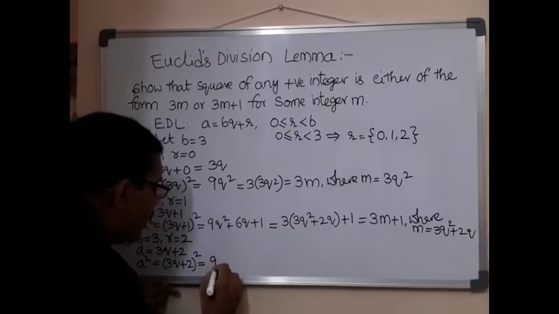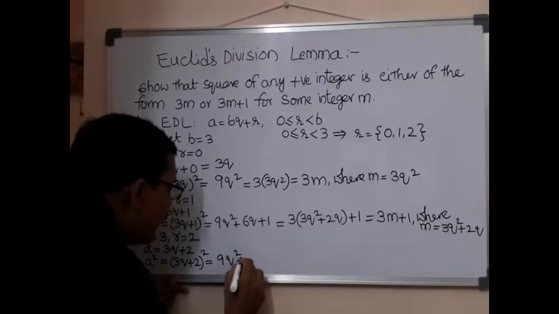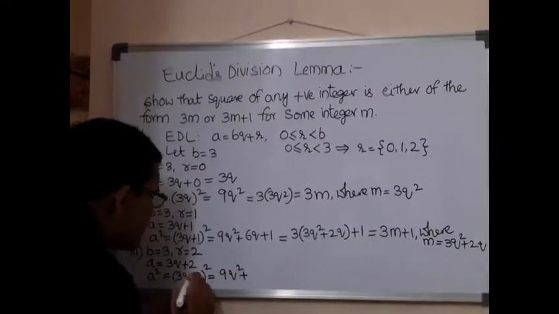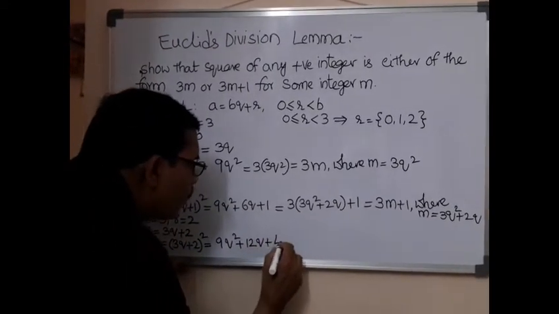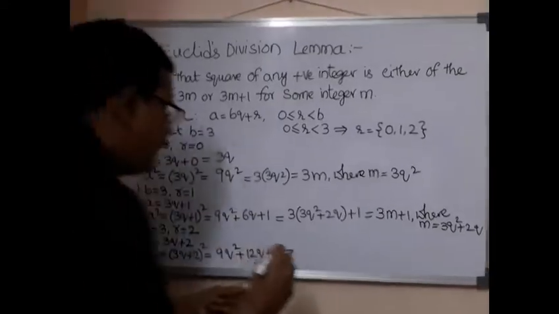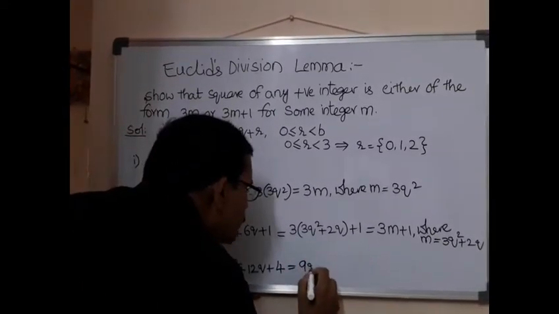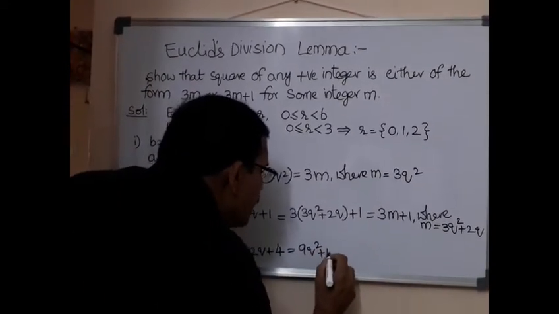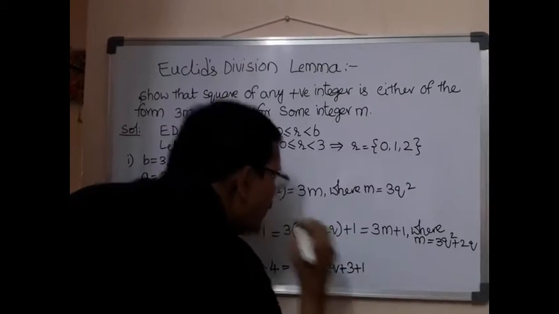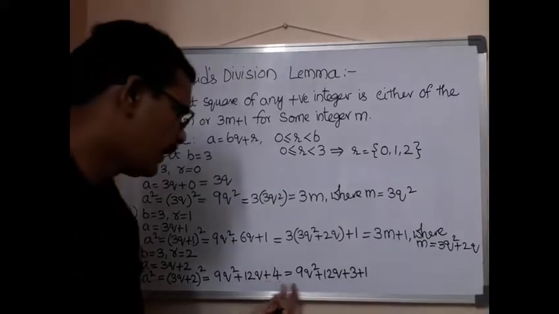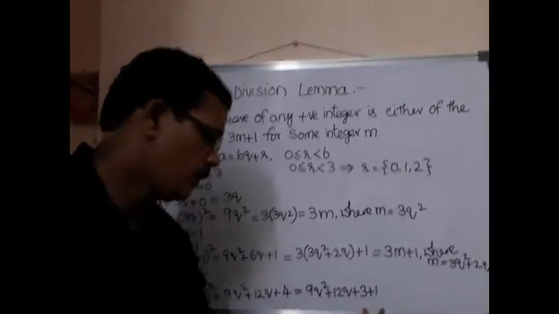So I am writing directly 9q square plus 2 into 3, 6, 6 into 2, 12q plus 4. This I am writing as 9q square plus 12q plus 3 plus 1. This 4 I am writing as 3 plus 1.